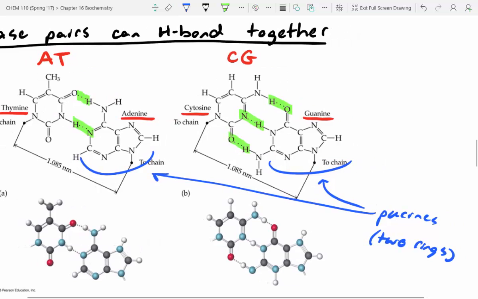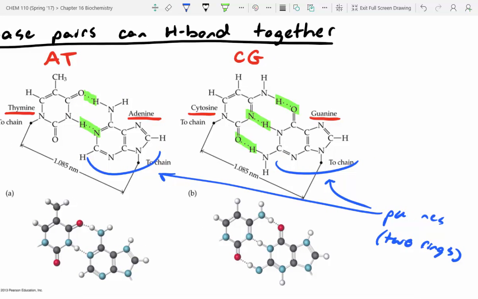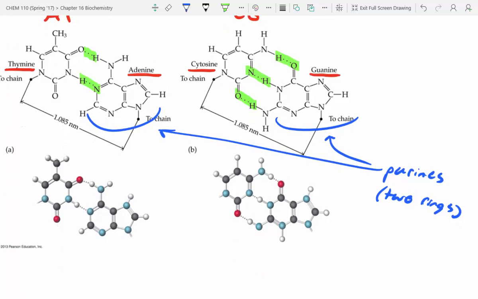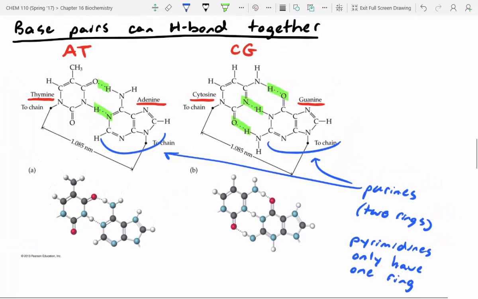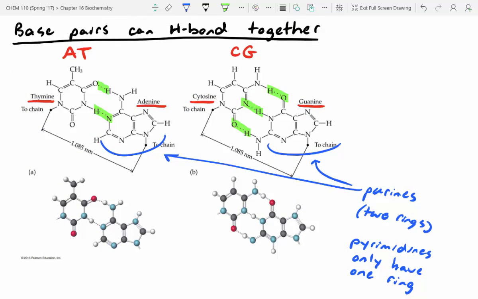And these are different than the pyrimidines. Oh, sorry, this is kind of sloppy. So pyrimidines only have 1 ring. So they do vary a little bit. I'm not going to be super picky, but I did want you guys to know that A's and T's bind together, and then C's and G's bind together.